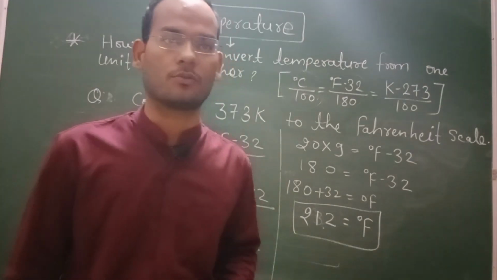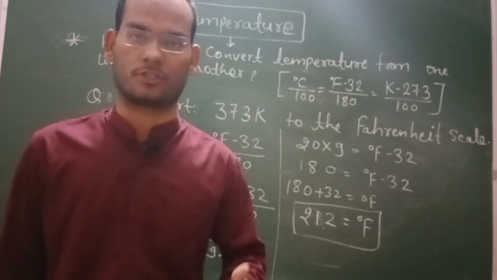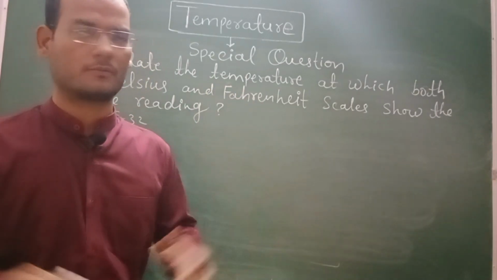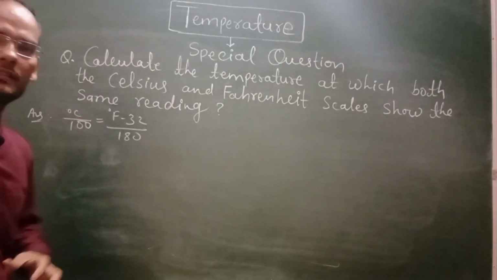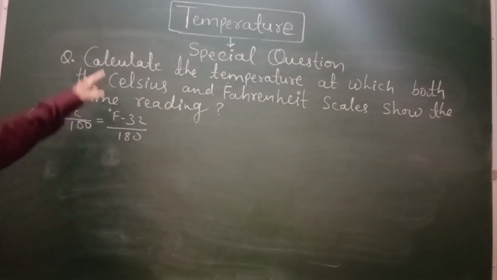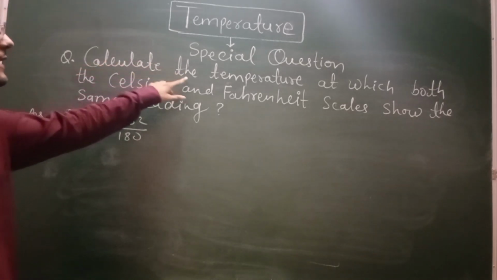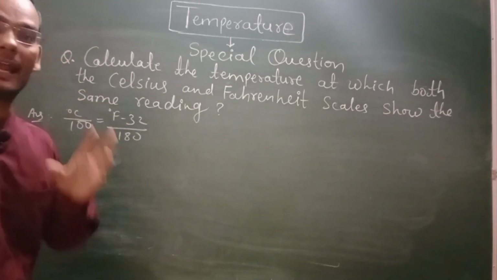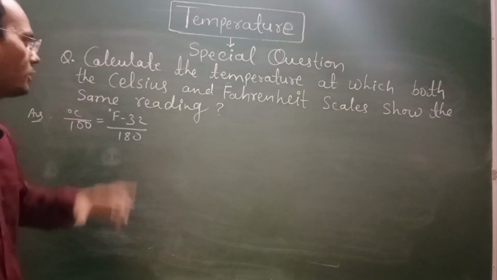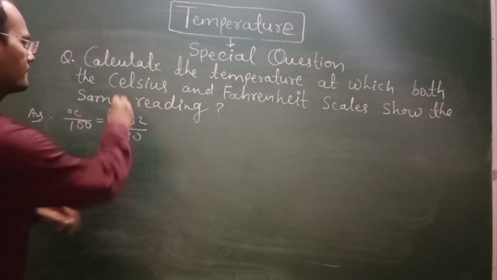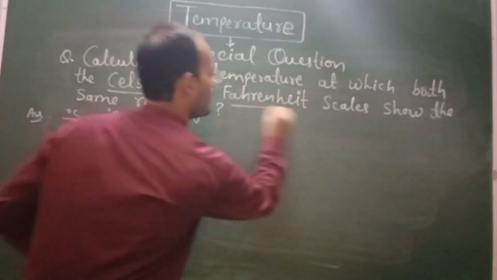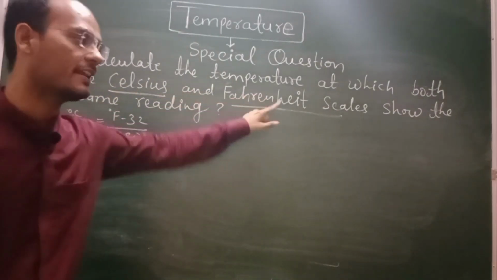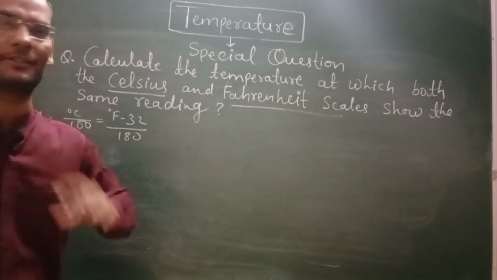I will explain you one special type of question. This is the special type of question. How can we solve this type of question? What is the question? Calculate the temperature at which both the Celsius and Fahrenheit scales show the same reading.